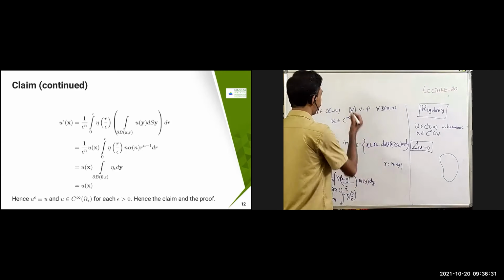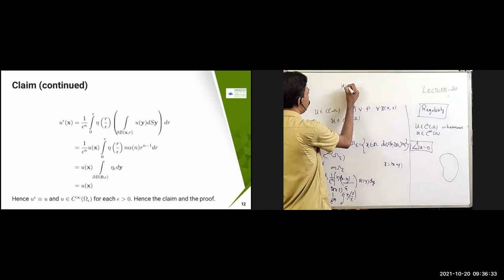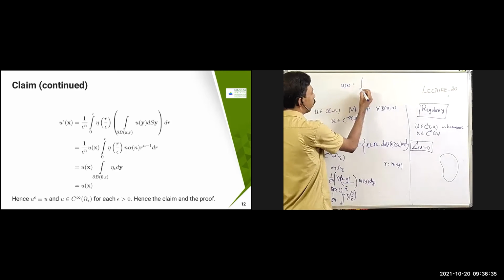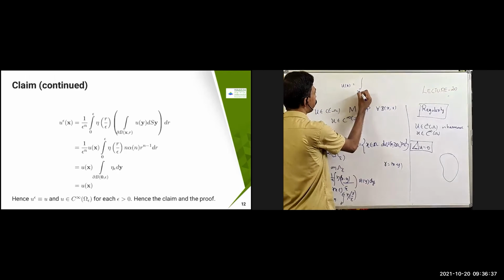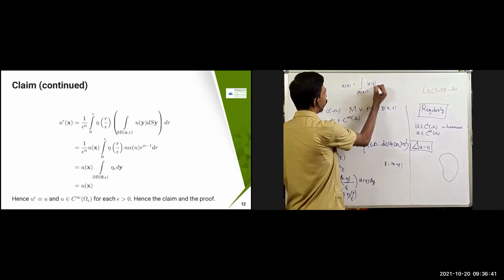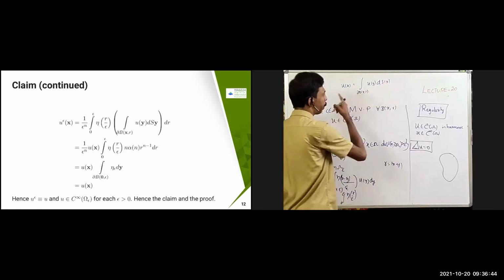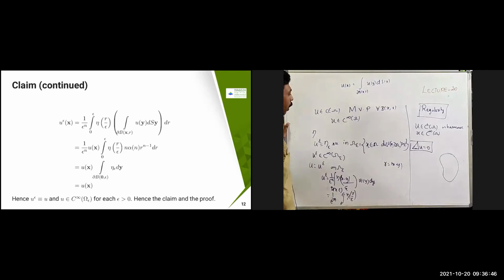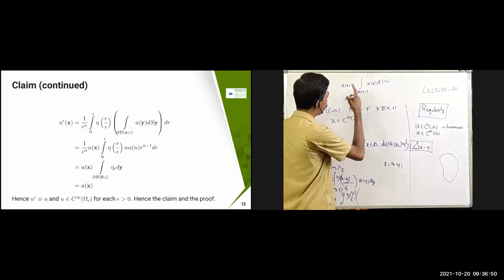So you know this one, u of x equals the integral over dou b of x comma r of u of y into dsy. This is from the mean value property. That same thing I'm going to apply here.